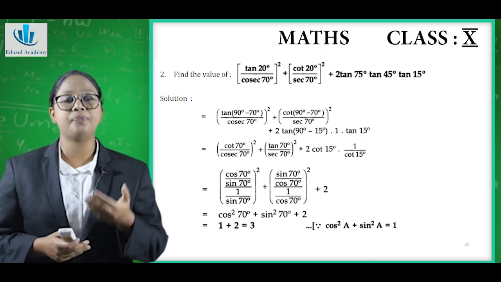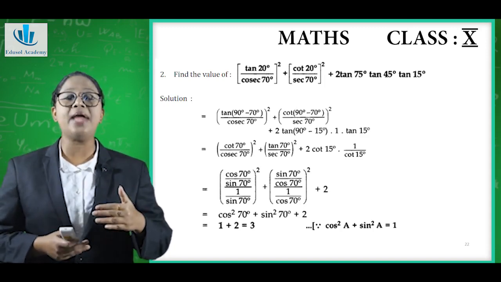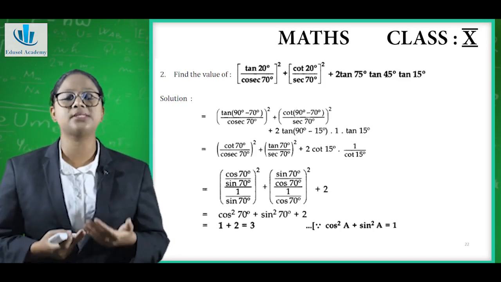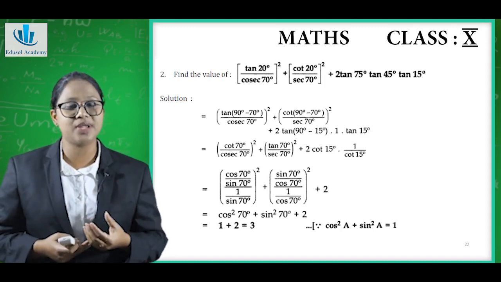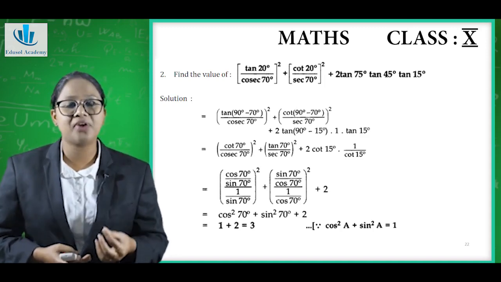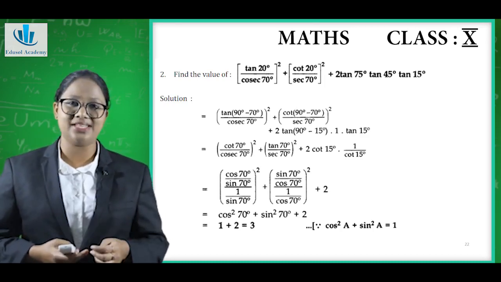Now in tan 20 by cosec 70, the complementary angles are coming above and below, but that's okay, we can replace one of them. So we have decided to replace the 20 in the numerator. Instead of writing tan 20, we are writing tan 90 minus 70.